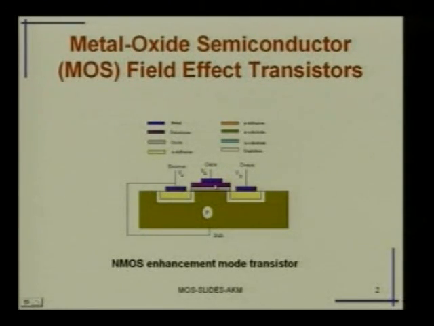And the third control, that is the gate, is fabricated by creating some sort of a capacitance. What you do is deposit silicon dioxide or some sort of dielectric, mostly silicon dioxide, on top of this p-type substrate.